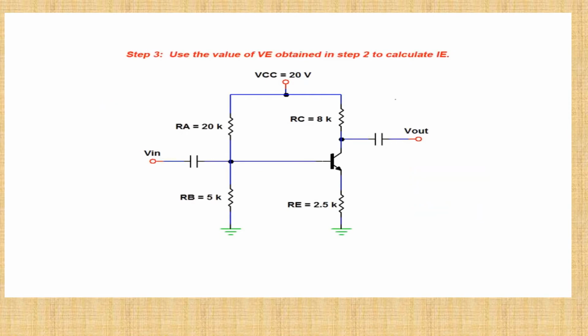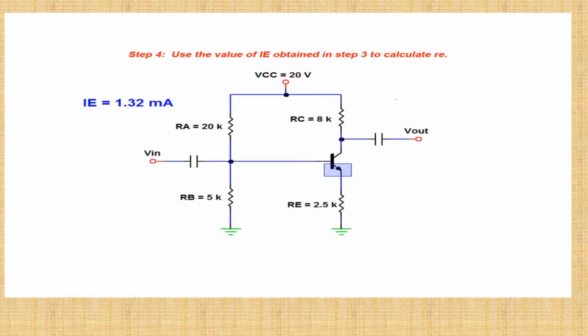Moving on, we use this emitter voltage value with the value of resistor Re to calculate the current flowing through the emitter. This is accomplished by simply applying Ohm's law. This results in an emitter current equal to 1.32 milliamps. Having obtained the value of emitter current, we are now ready to move on to step 4 and calculate the emitter internal resistance of the BJT.